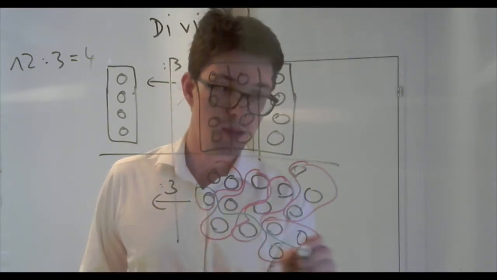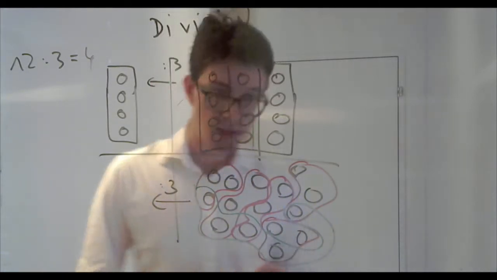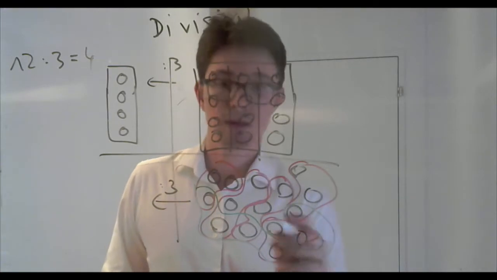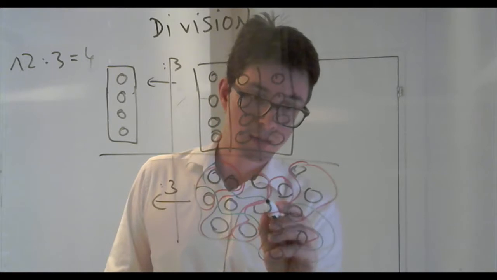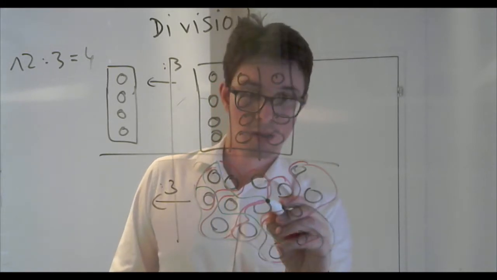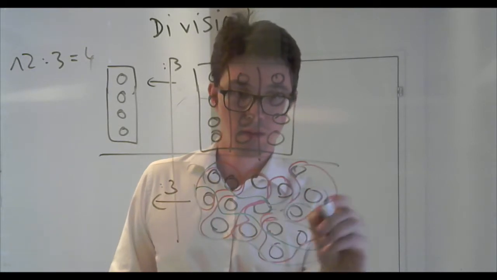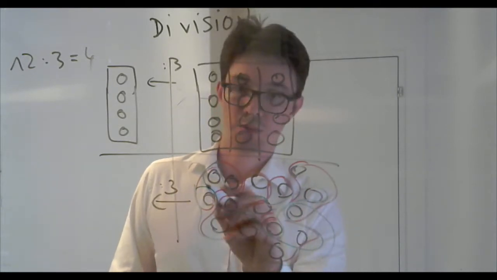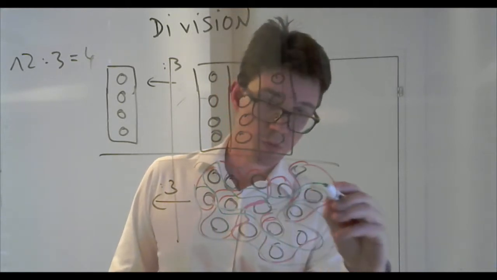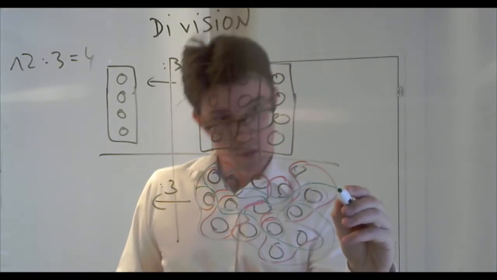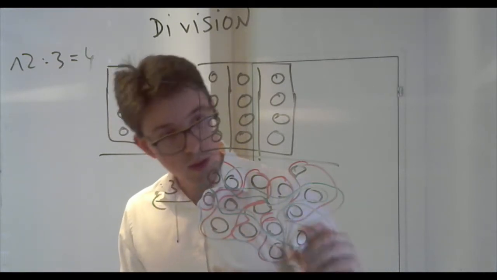So maybe this is our first grouping, and then we take, say, this one and this one and this one, and so this would be a second group, and then we are left with 1 dot from each group left over, and this one.